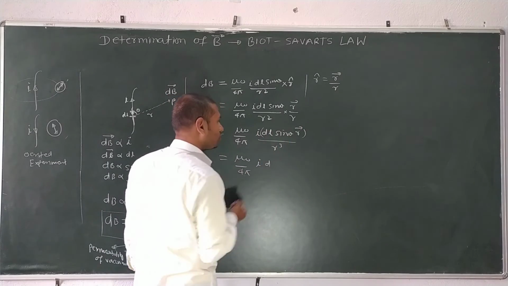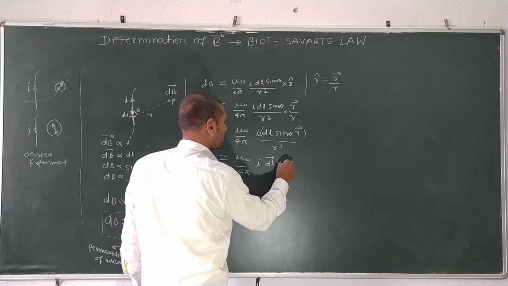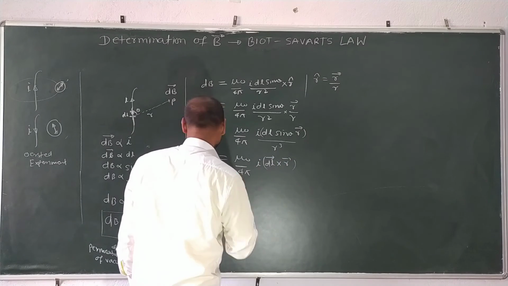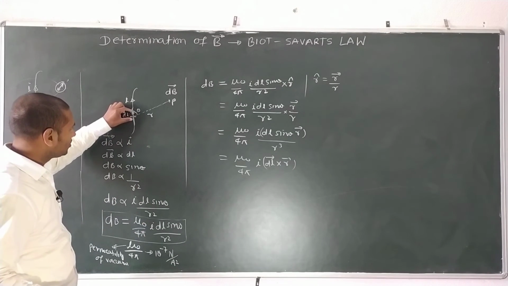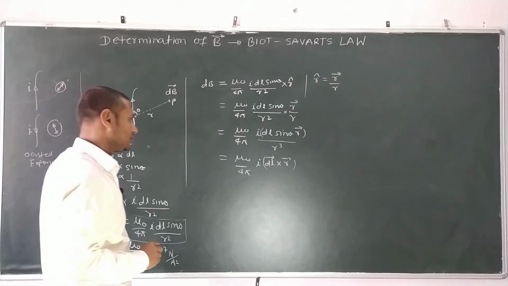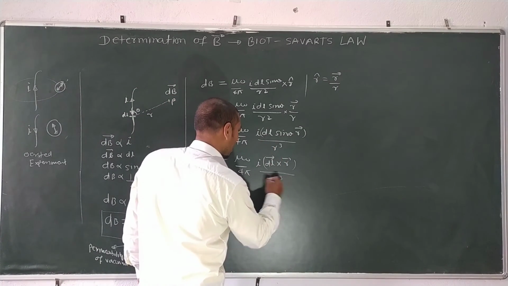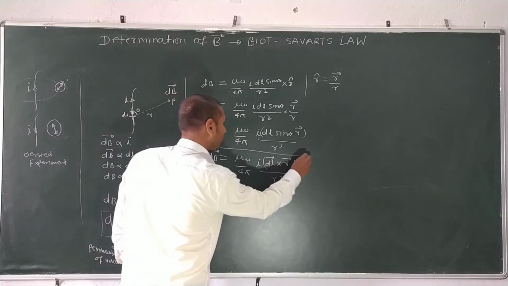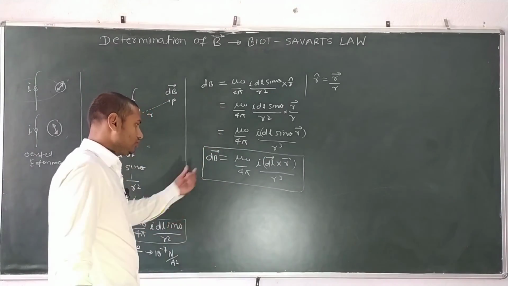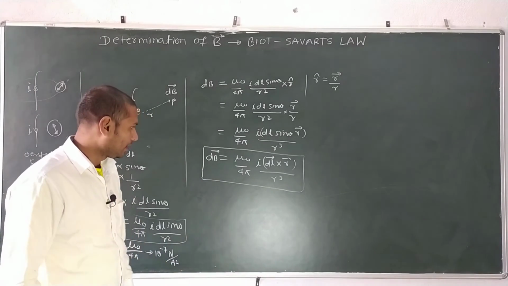We can write dl cross r because dl is also a vector quantity, and we consider the direction of dl along the direction of electric current. So this becomes mu naught by 4 pi I dl cross r divided by r cube, and this is the vector form of the magnetic field present around the current carrying wire.